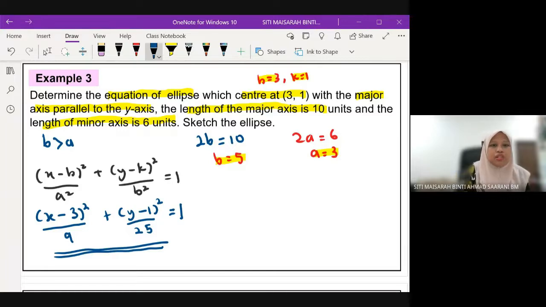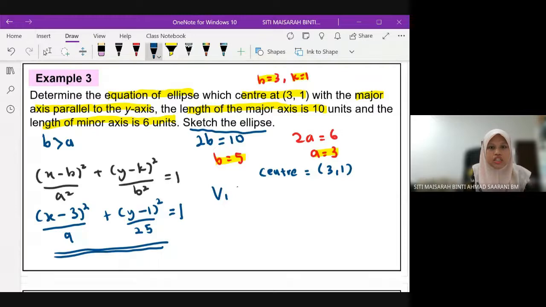Okay. Lepas tu dia suruh sketch the ellipse. Baru dia suruh sketch. Bila suruh sketch, still awak kena cari semua-semua tu lah. Semua point-point yang ada. So jadi first kita dah ada center. Center dah ada kan? Center is (3, 1). And then kita kena cari V1. V1 is ni yang berubah adalah y kan.